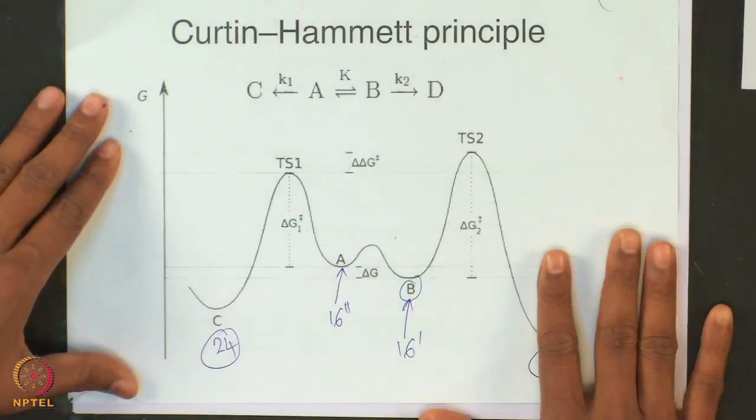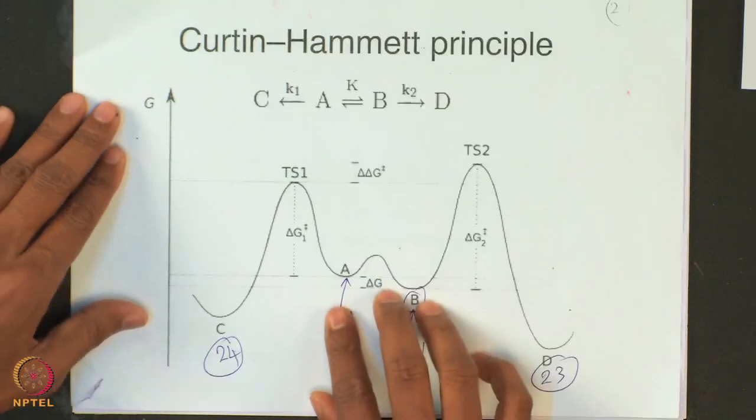Under that condition, the product formation step from those two intermediates will be determined by the next transition state coming out from them. Okay. Let us look at this phenomenon one more time in the form of this energy diagram.